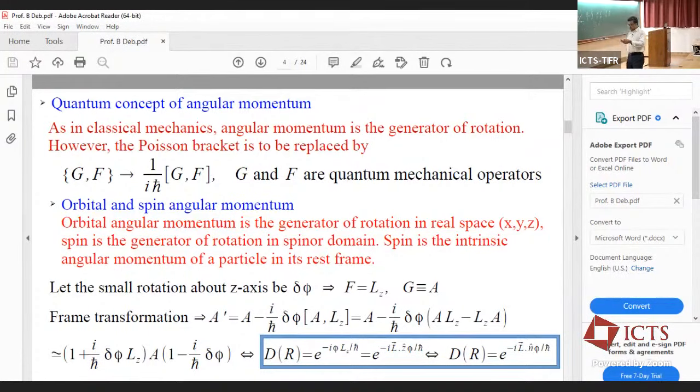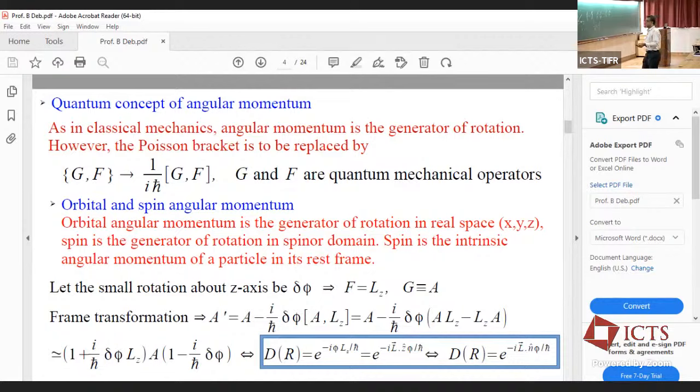These are the D matrices. In general, that can also be proved quite easily, because here you have retained only first order. If you retain higher orders, since delta phi is quite small, you can show that this is the rotation matrix. In general, it could be Rz, Rx, Ry, and this is a unitary operator.